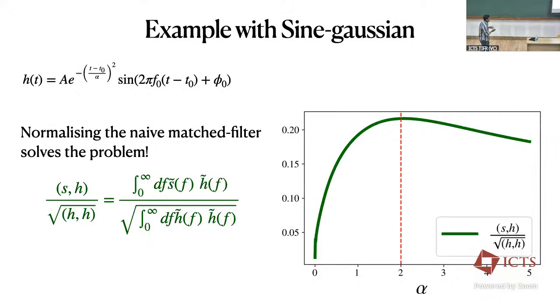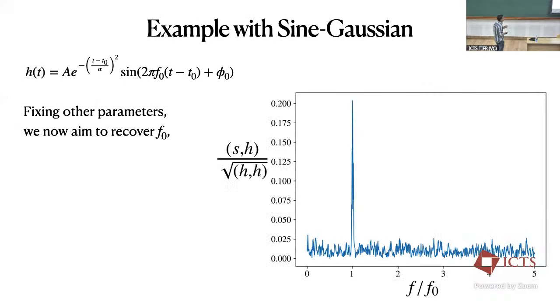The algorithm was not able to distinguish the other templates very well, but in case of frequency, there is a sharp peak compared to the amplitude. It happens because there are positive and negative contributions that contribute drastically to that particular integral when you slightly change the frequency of the sine wave.